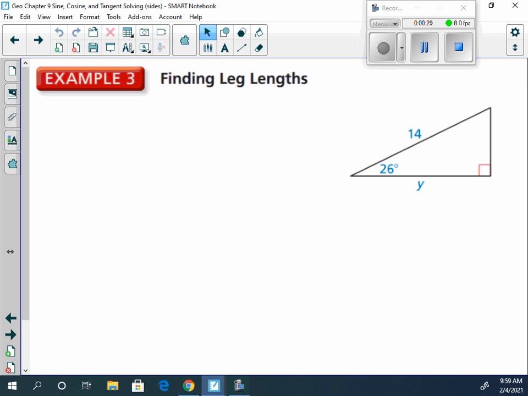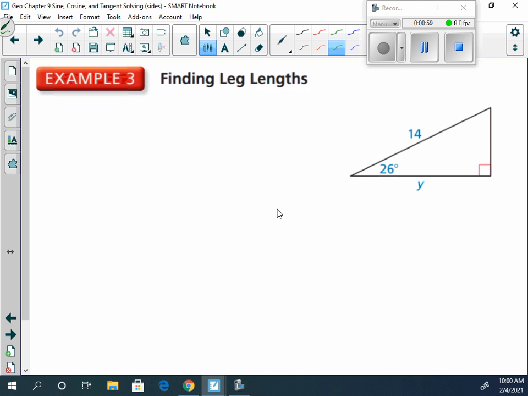So when we look at any of these with sine, cosine, and tangent, sine is opposite over the hypotenuse, cosine is adjacent over the hypotenuse, and tangent is opposite over adjacent.